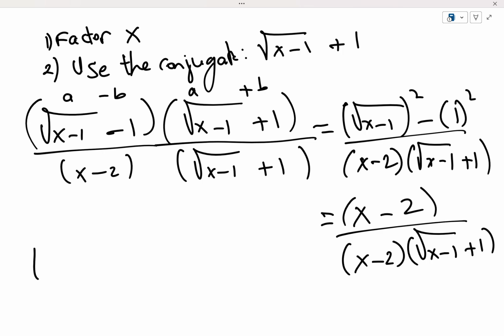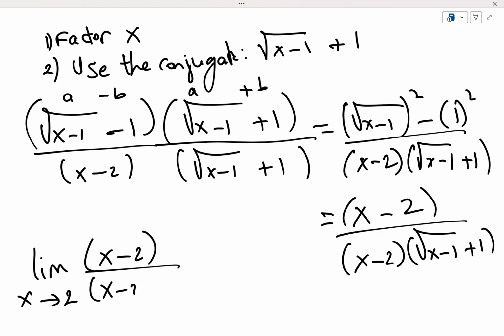So here we are set with the limit as x approaches 2 of (x − 2) over (x − 2)(√x + 1). Here you see that the x − 2 cancels, and we're left with a 1.